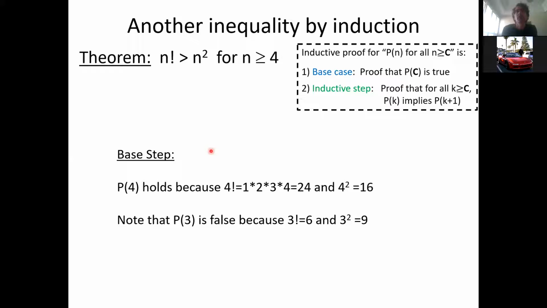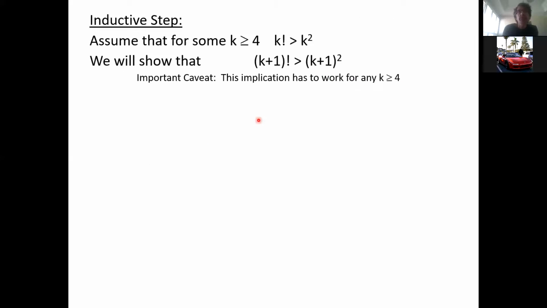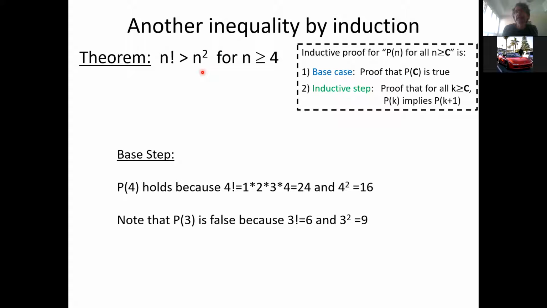So now on to the inductive step. In an inductive step, we have to prove the following. If the predicate is true about k, in other words, if k factorial is greater than k squared, then the same thing is true about k plus 1. In other words, k plus 1 factorial is greater than k plus 1 squared.